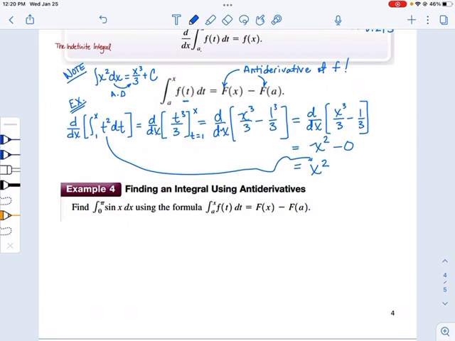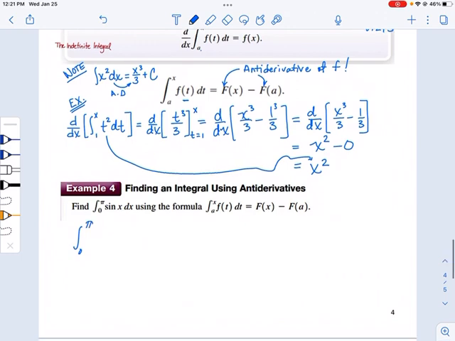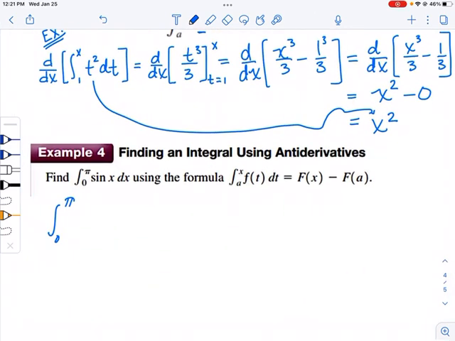So you guys have the integral from 0 to pi, make this a little bit bigger, 0 to pi of sine x. I always like to use the parentheses there on the integrand, dx is equal to. So when you're doing this, you're thinking, what is the antiderivative of sine? Well, that's going to be negative cosine.